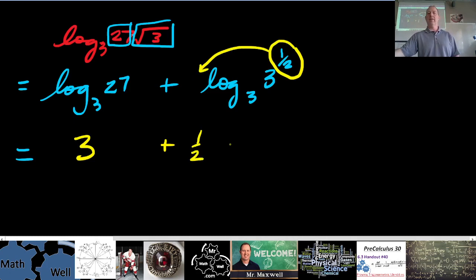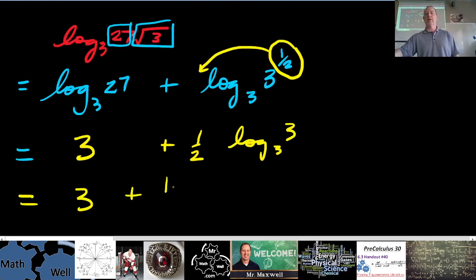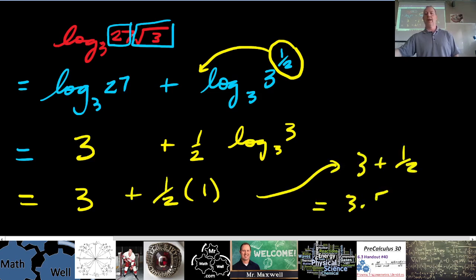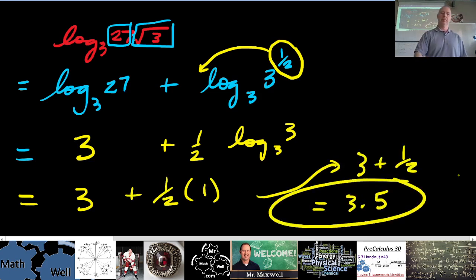That's going to be 1/2 times log of 3 base 3. What's the log of 3 base 3? Yep, 3 to the power of 1 gives me 3. So this is 3 plus 1/2 times 1, or 3 plus 1/2, or 3.5, or 7 over 2.